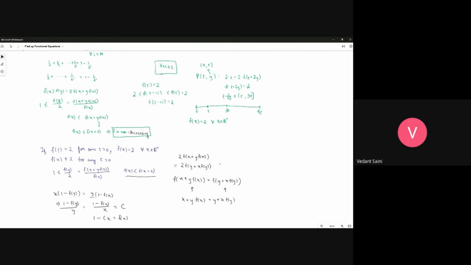So minus c plus c hardly matters. So f of x equals cx plus 1. But putting this in the original equation, where was it? Here. Putting this here, as we saw earlier, gives a contradiction.